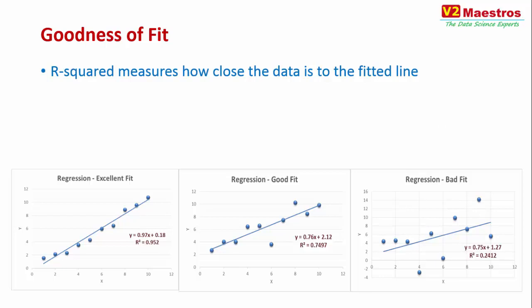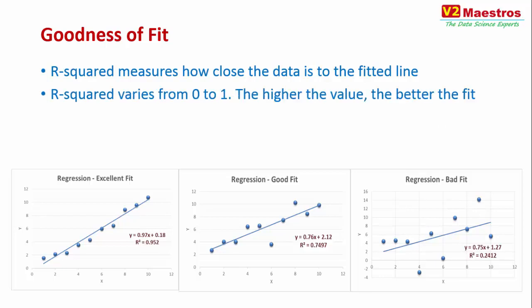R squared is a value that goes from 0 to 1. We are not going to go into the formula. Typically a machine learning algorithm, when it gives out a model, will also give you the R squared for the model. The higher the value, the better your fit.